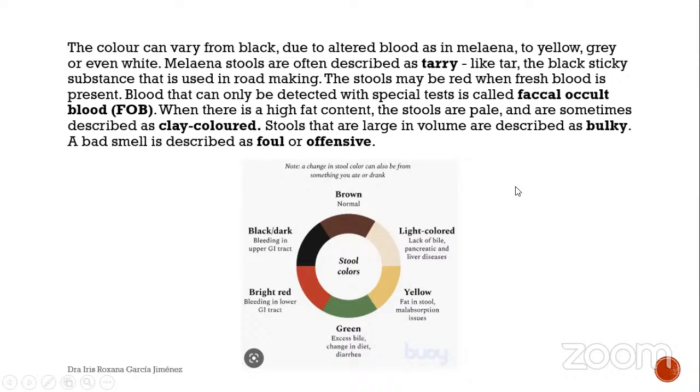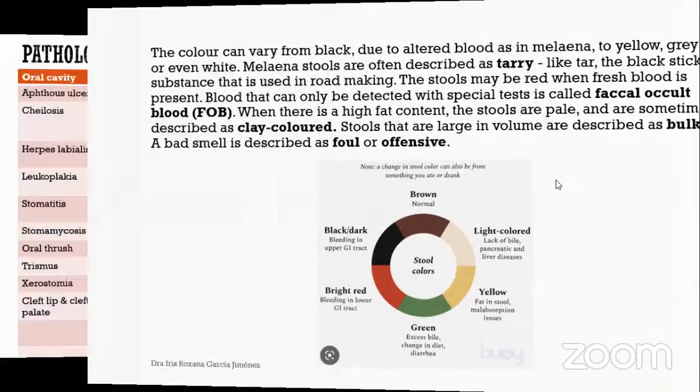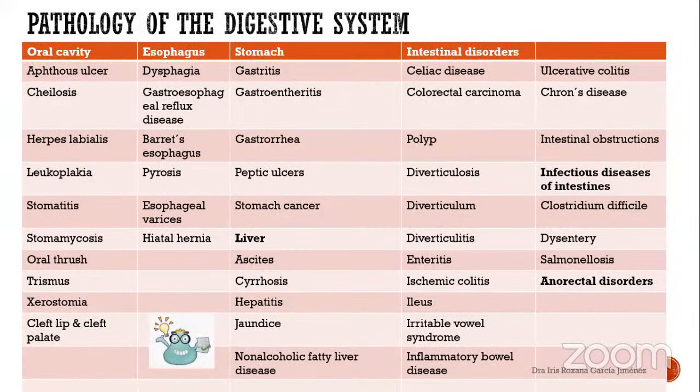If you hear or read offensive stools, I mean that the smell is awful, terrible, right? So consider this chart for checking the causes of changes in color and this description for catching the vocabulary in each expression, okay?